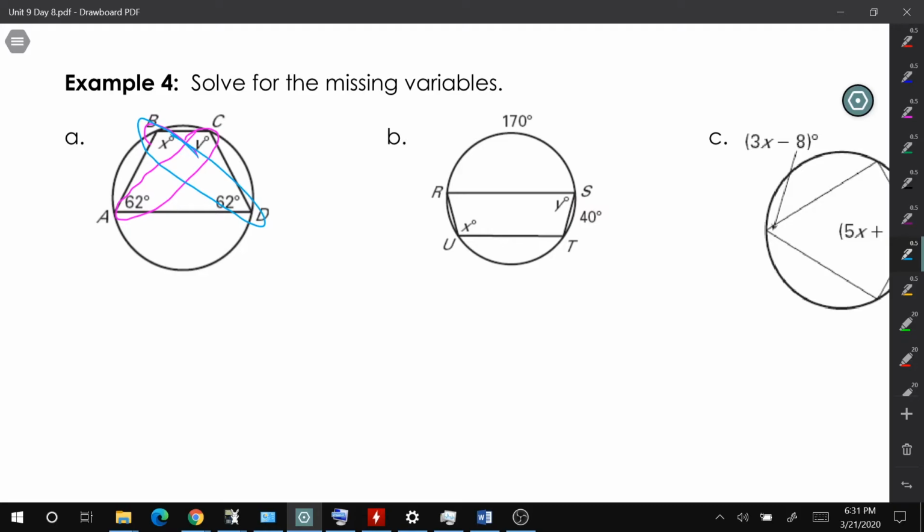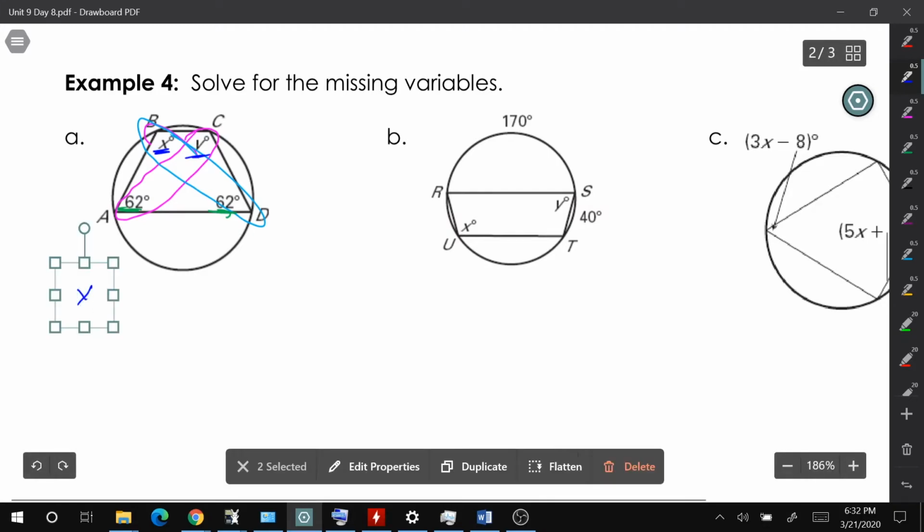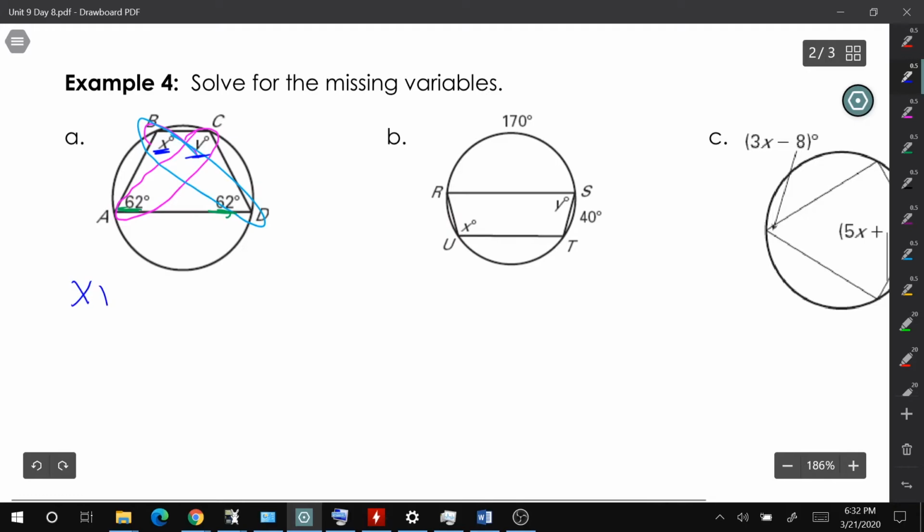Now, because these are both 62 down here, that means these two angles up here should also be the same. So we can do x plus 62 equals 180. Then x is going to equal 118 degrees. And since y is the same thing, y will also equal 118 degrees.